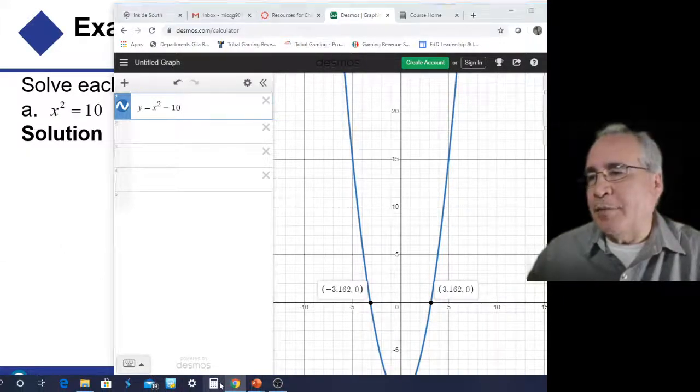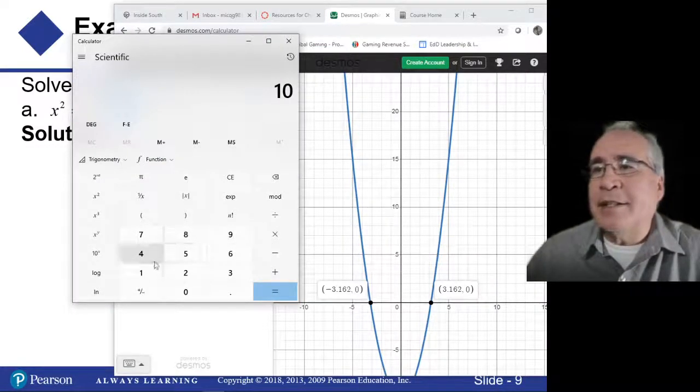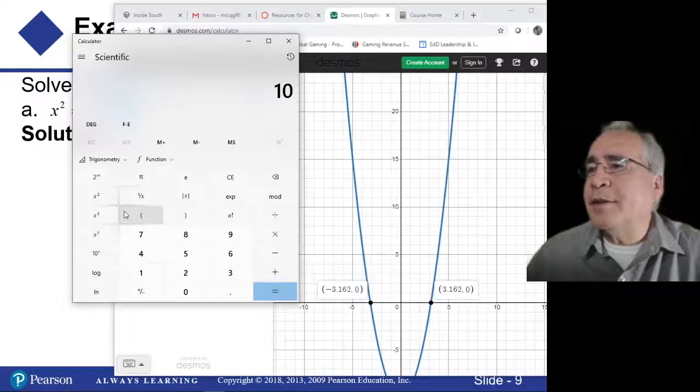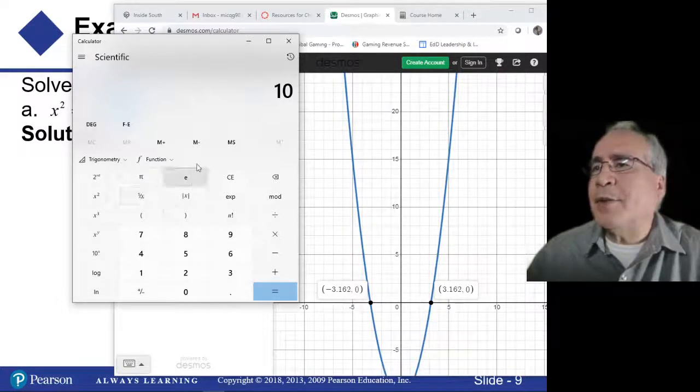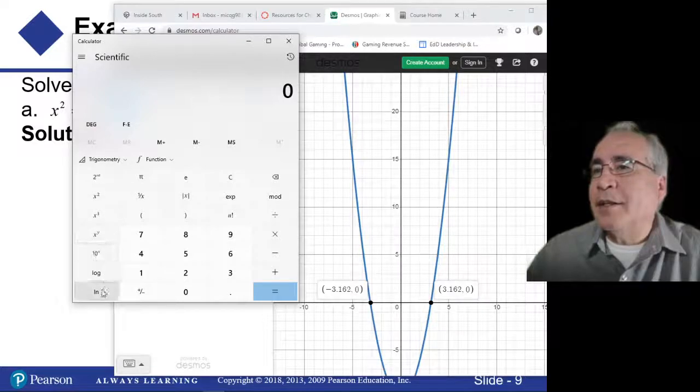And if you don't believe me, which maybe you shouldn't, we take 10. Where's the square root? Thought I found the square root in here somewhere. Well, we'll raise it to the 0.5 power.